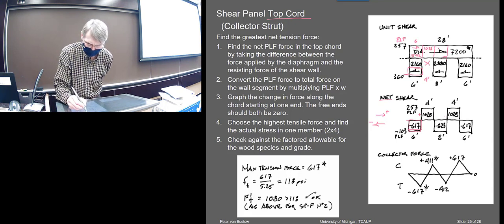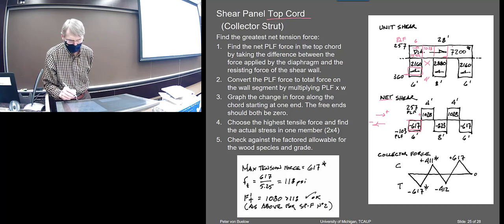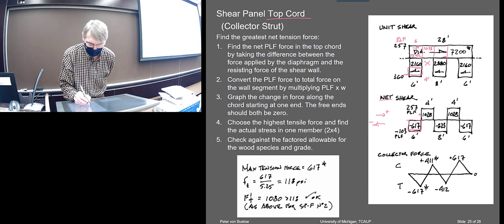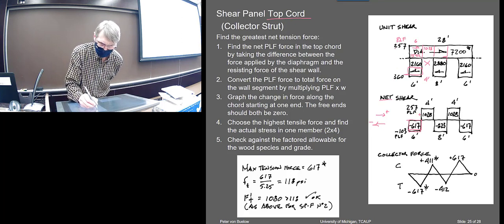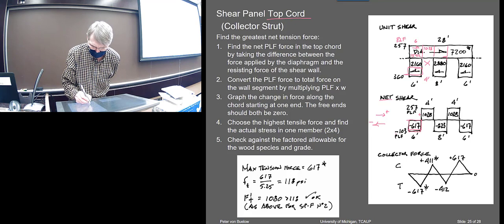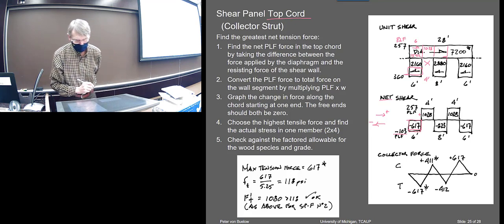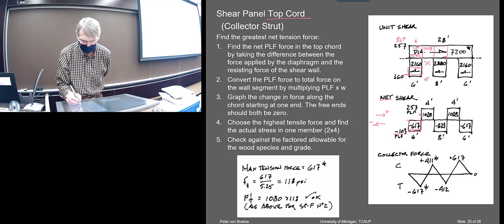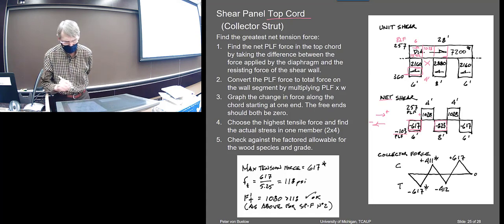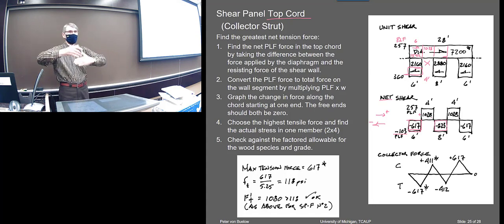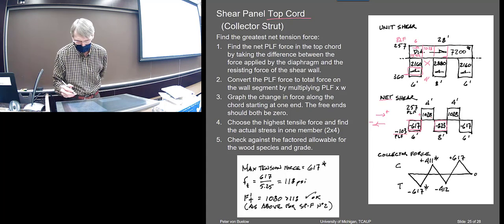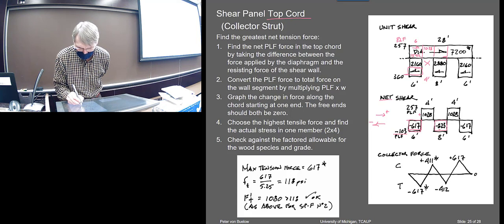And this has got whatever force there. Actually, what I did is I took 360 minus 257, and that's where this number came from, negative 103. So you could just multiply that 103 times the 8 feet, and you'll get the net stress. Because you can do it by force or by PLF, either way. I mean, it's both force, but in the end, you want to get the force though.